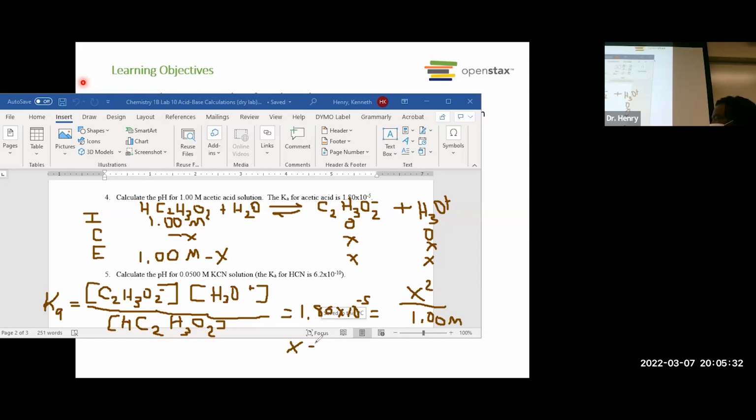Somebody do that math for me so I don't have to try to do it in my head. 4.24 times 10 to the minus 3. And we'd all agree that that is less than 5%.